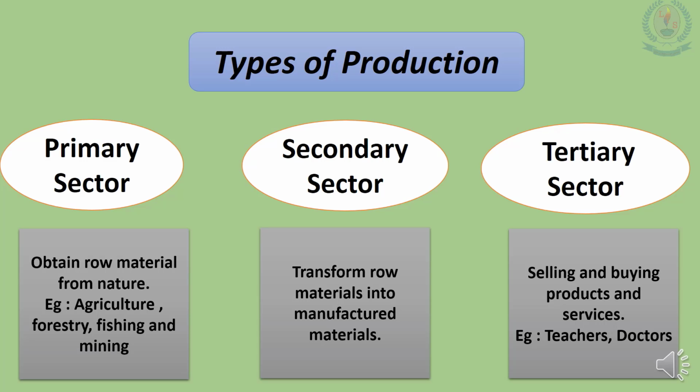Types of production. In the types of production, there are three types, as I taught you earlier: primary sector, secondary sector and tertiary sector. The primary sector obtains raw materials from nature.